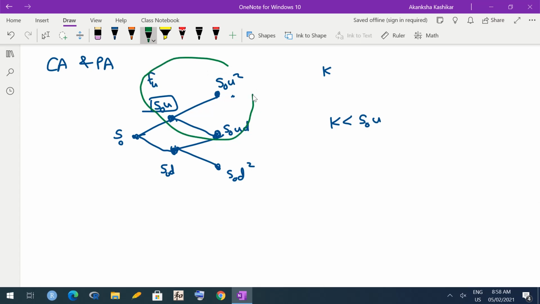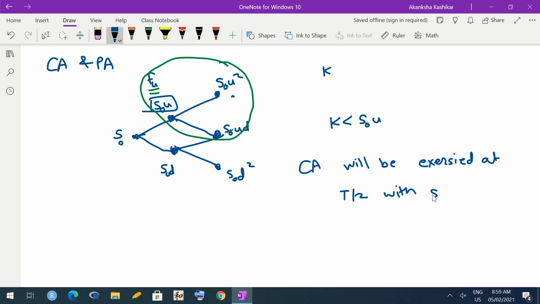So when you evaluate this tree, whatever value you get for FU, by taking the weighted mean of these two quantities and discounting it back, that actually tells you what is the gain by waiting. Okay. So we have to decide whether waiting is more effective. Hence, the American call option will be exercised at T by 2 with, say, share price S0U. So I am talking about the upper possibility.